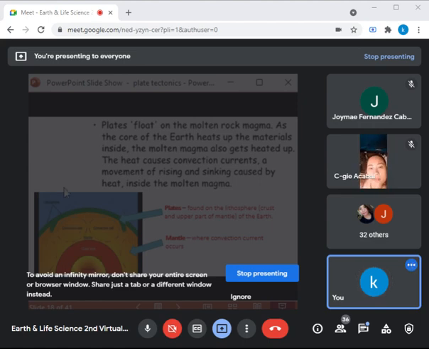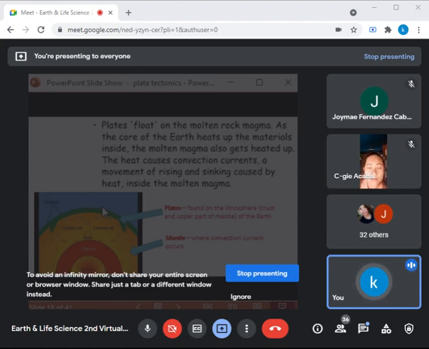So since the mantle is semi-molten, asa may mas init? Ang ilalom sa mantle, ang lower mantle, or ang upper mantle? Let's have Clarissa. Which is hotter, the lower mantle or the upper mantle?